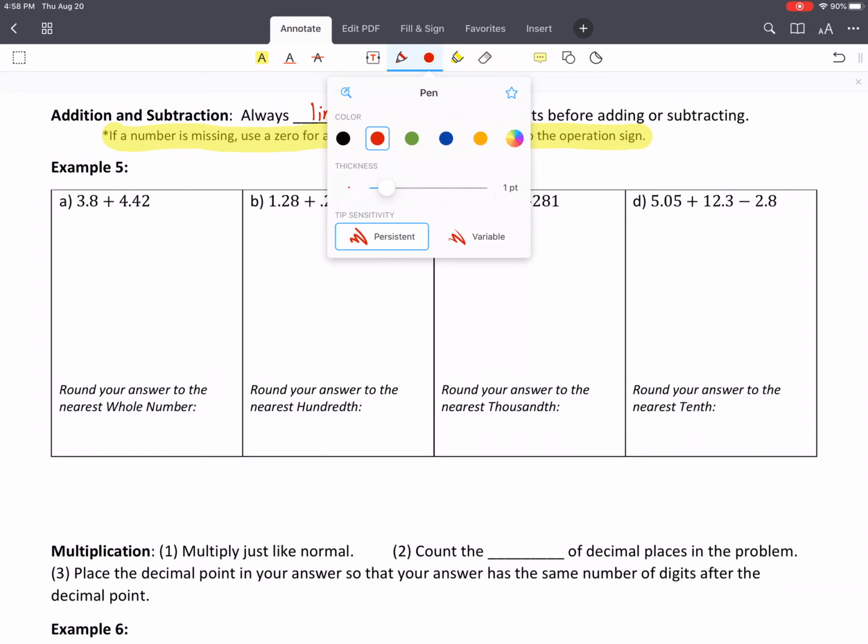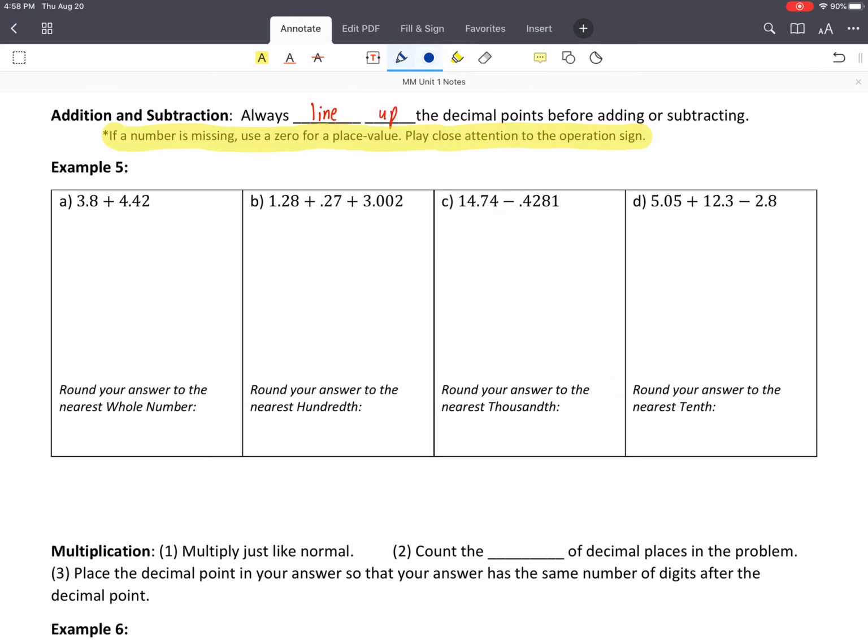If we look at this first example, we've got 3.8 plus 4.42. We do 3.8 plus, and we have to line up the decimals, so we put 4.42. But as it says up here, if there's a missing value, then we put in a 0.